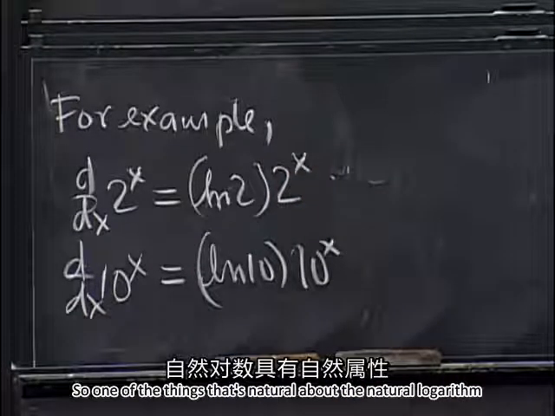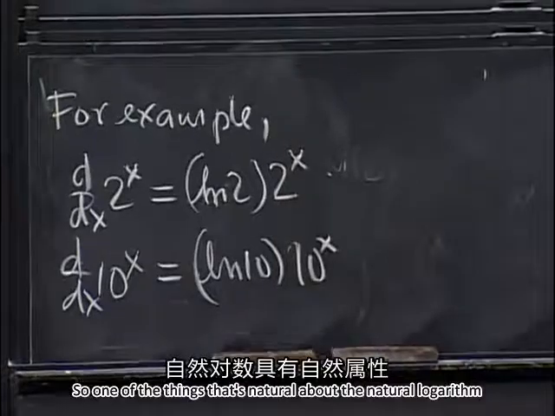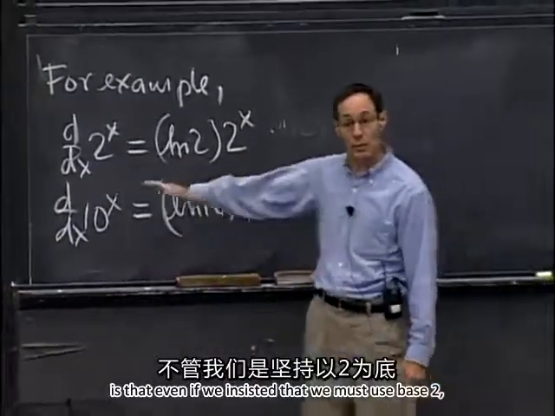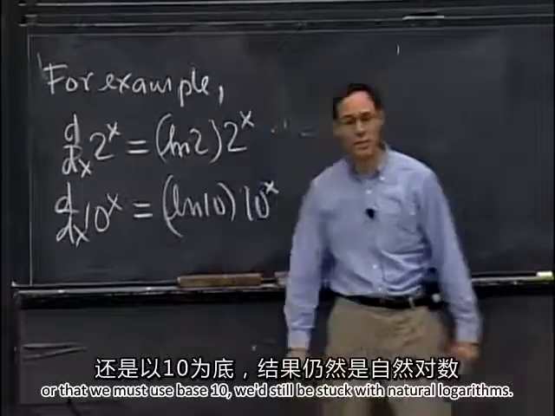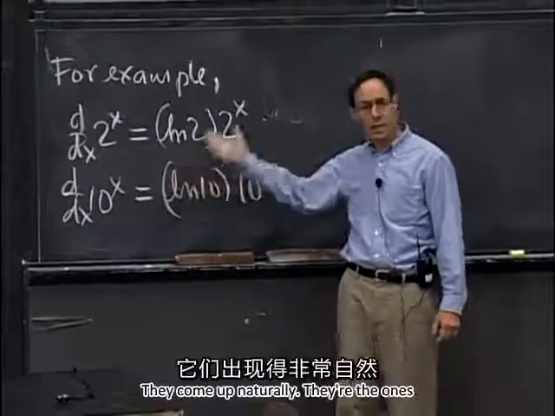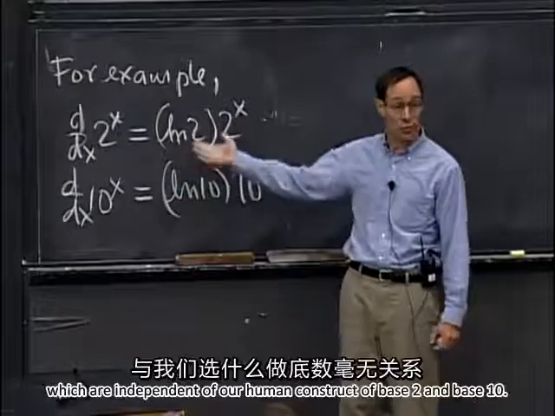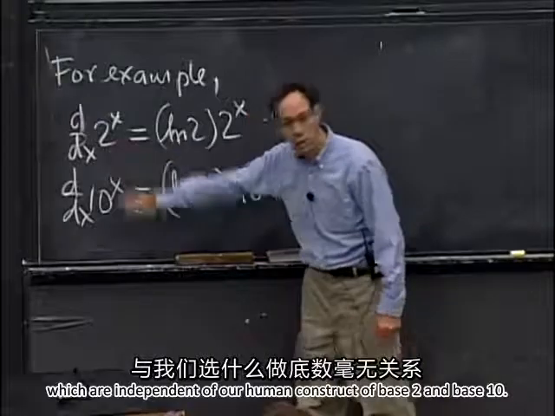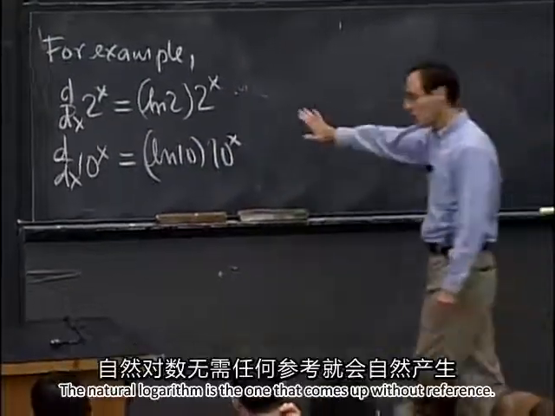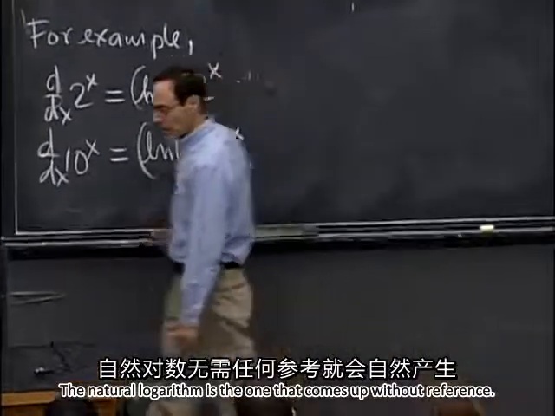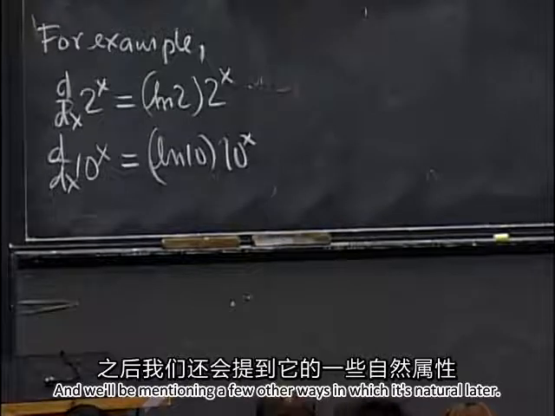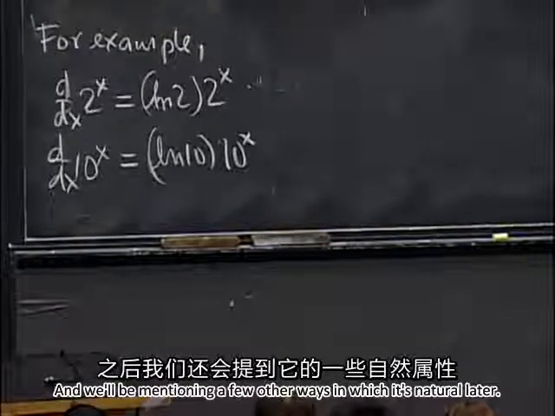So one of the things that's natural about the natural logarithm is that even if we insisted that we must use base 2 or that we must use base 10, we still would be stuck with natural logarithms. They come up naturally. They're the ones which are independent of our human constructs of base 2 and base 10. The natural logarithm is the one that comes up without reference. And we'll be mentioning a few other ways in which it's natural later here.